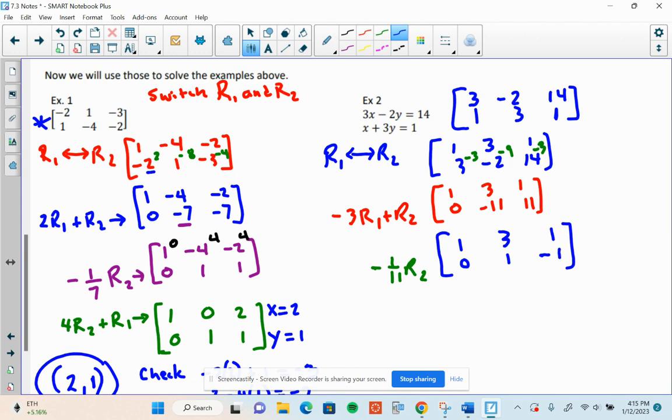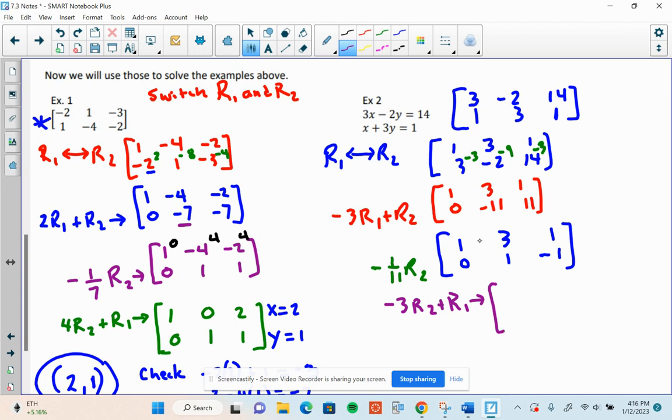So we now have that, and we're going to now use the 1 that's sitting right here to get a 0 where the 3 is at. So we're going to add a multiple of row 2 to row 1. What multiple? Well, we'll do negative 3 times row 2 added to row 1 because that will get us a 0 where we need it to be.